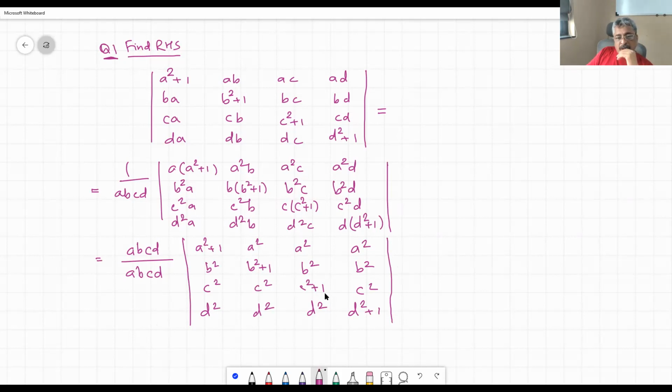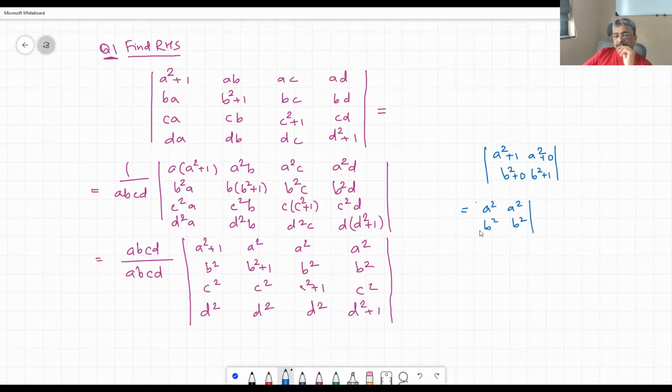Now again we have to check what if it was A square plus 1, A square, B square, B square plus 1. This is easy to deal with. A square, B square, B square. So you can consider this as 0 plus 0.